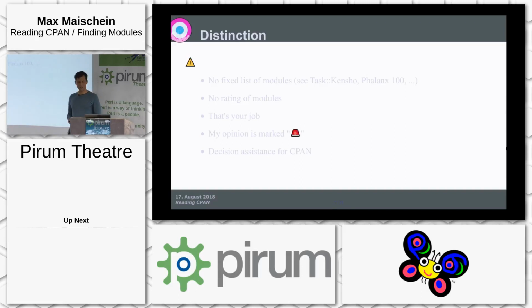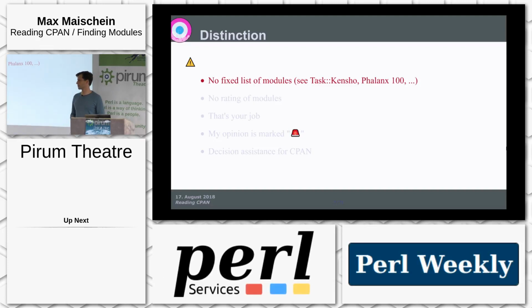Now, what am I not going to do or talk about in this talk? First of all, I won't present a fixed list of known good modules, because that's maybe what Task::Kensho is for. But I'm not really sure what the correct module or the best module to use is for your situation.